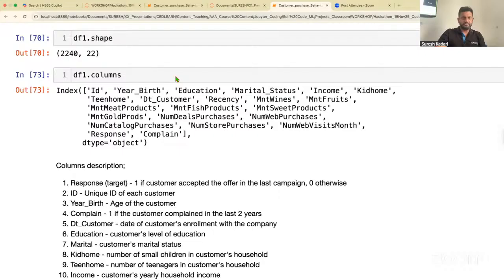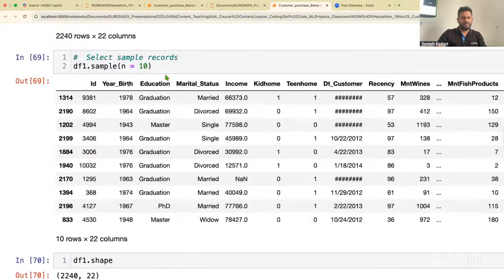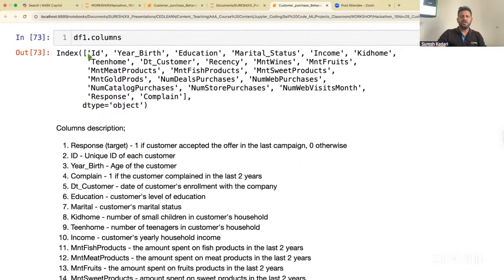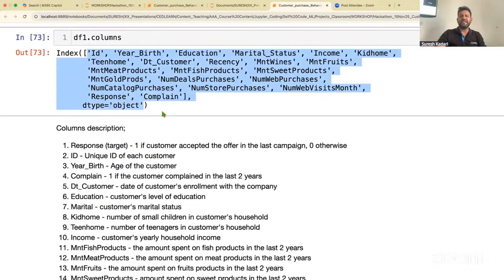Okay, sample done. Shape I got, columns I got. So why do I take columns like this? Because sometimes number, web visits, month, somebody will use underscore method, somebody not.